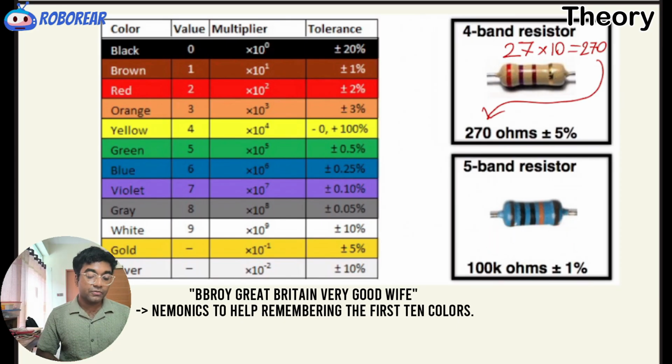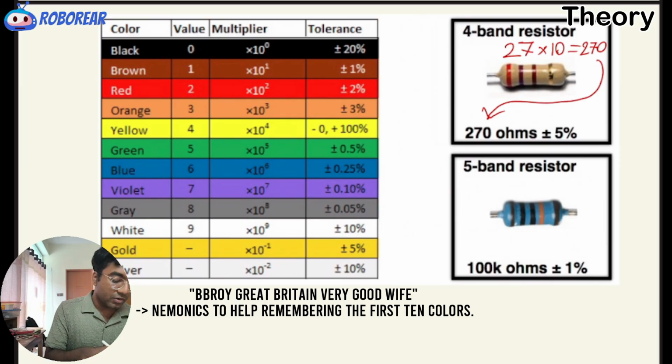So how do you find which one is the tolerance band? Here you can see the gap is much higher than this gap. The tolerance band and the other bands are quite separated. In this way you can find which one is the first band and which one is the tolerance band.